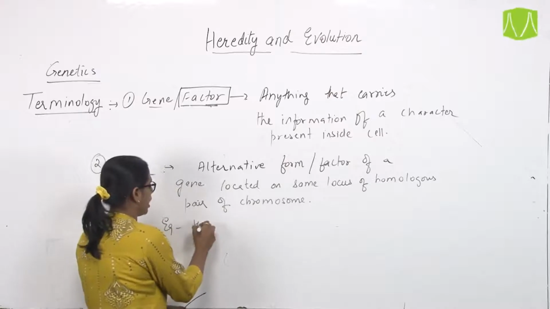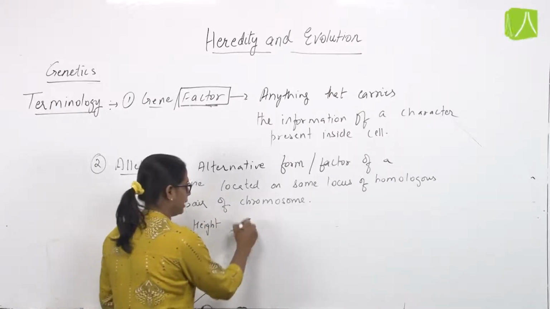For example, height is a character, and it has two alternative forms, tall and dwarf.